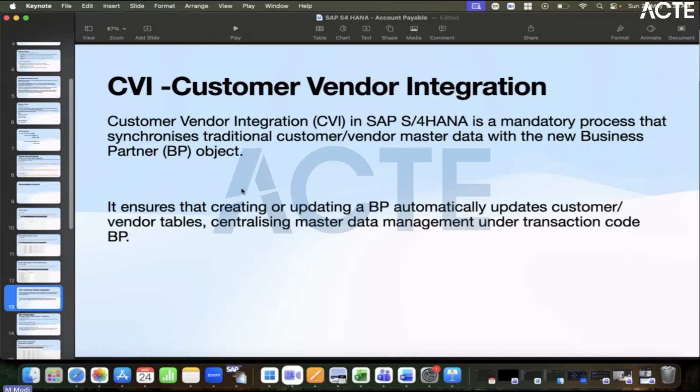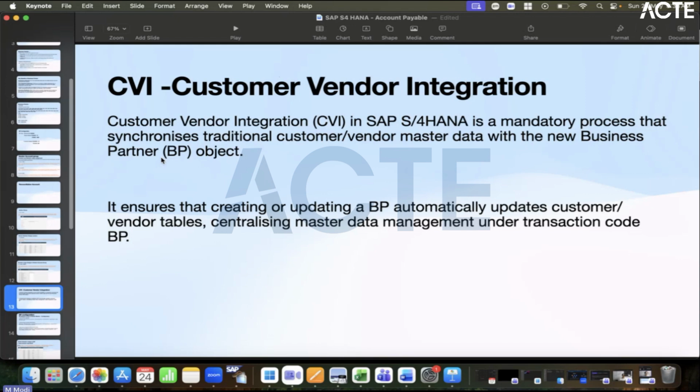This is what we were talking about earlier when we talked about vendor master and BP. This is a mandatory process to synchronize your customer vendor master with a BP. How do you synchronize this? That is called CVI.